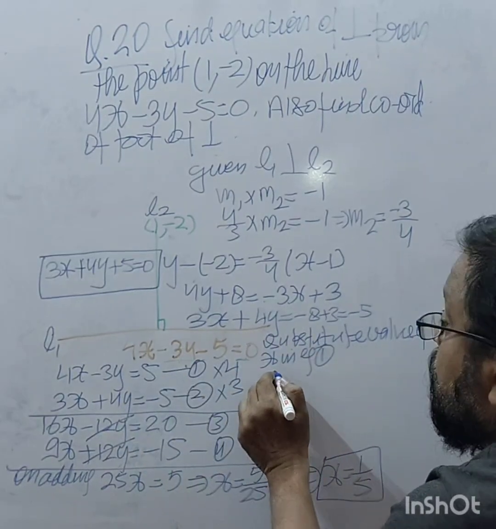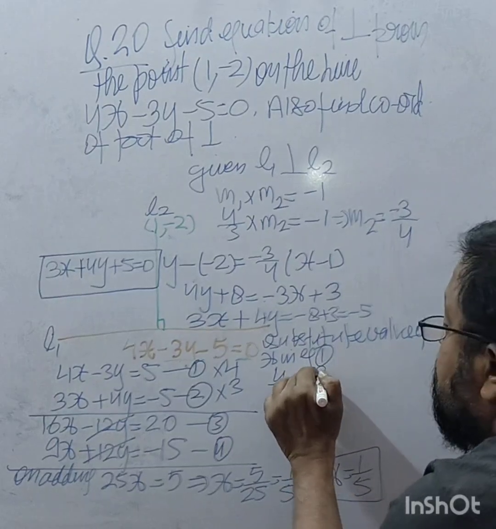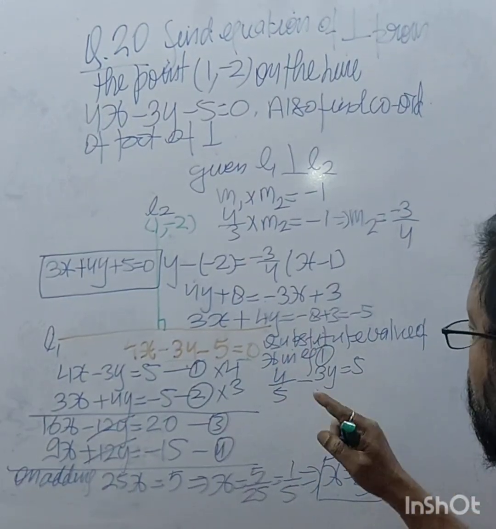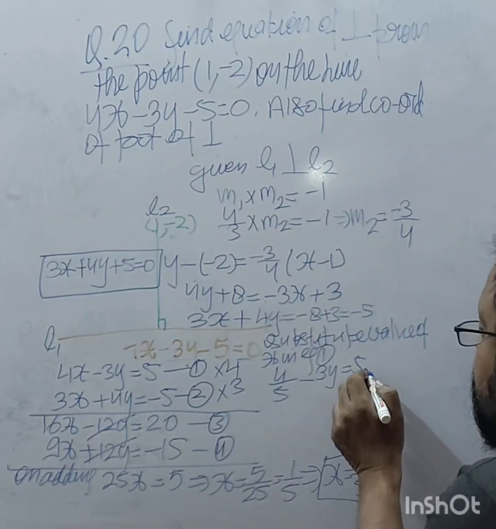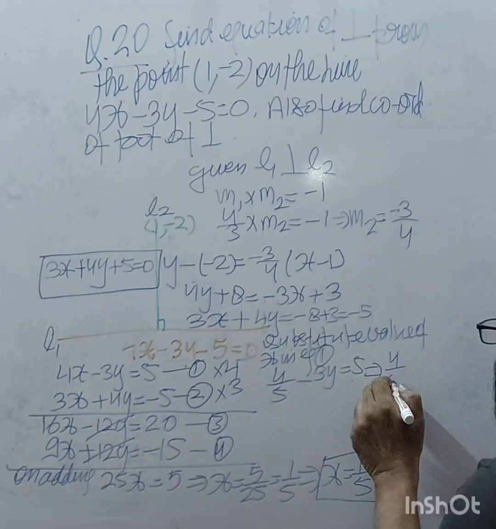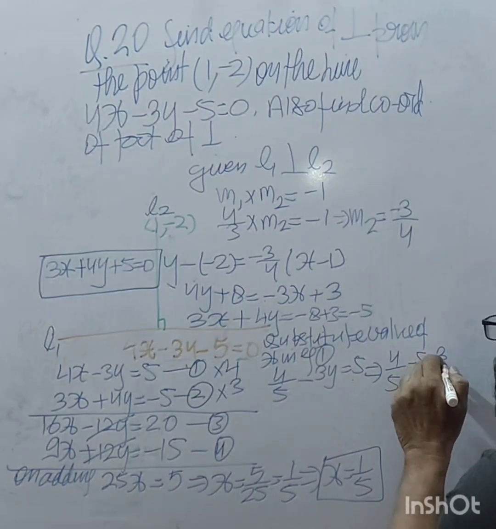So it is 4 upon 5 minus 3y is equal to 5. Let's interchange, right? So this will become 4 by 5 minus 5 is equal to 3y.